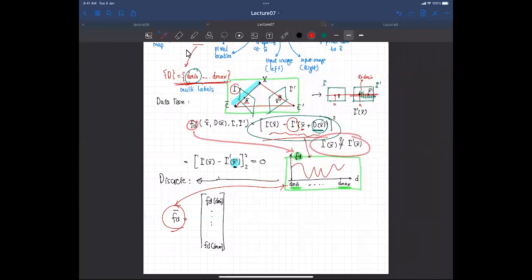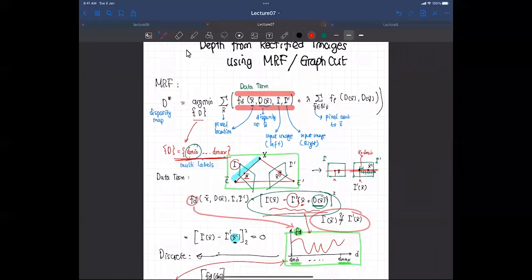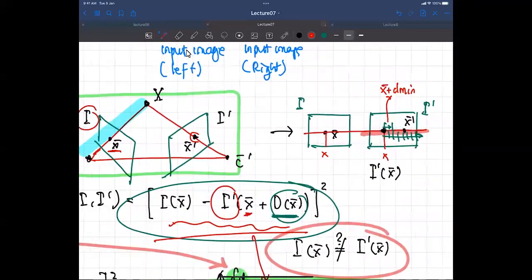No questions? Yes, go ahead. That's a good question. We do not know. Well, for this rectified image, it's simple. Start from zero, but you have to go to the right and to the left.